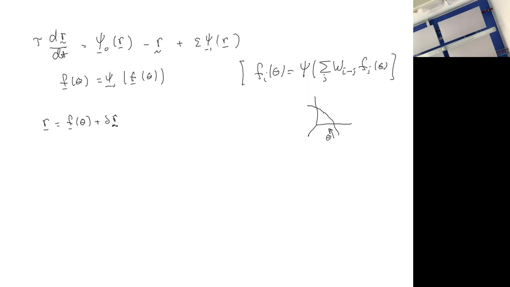Pick some value of theta, so some point on the line attractor. Our line attractor looks like this, so this would be, say, theta naught. So we're perturbing around some point on the line attractor, and we want to know the effect of this extra term here.